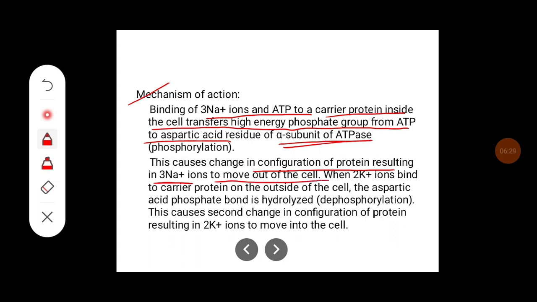And when 2 potassium ions bind to the carrier protein on the outside of the cell, the aspartic acid phosphate bond is hydrolyzed, which leads to dephosphorylation.